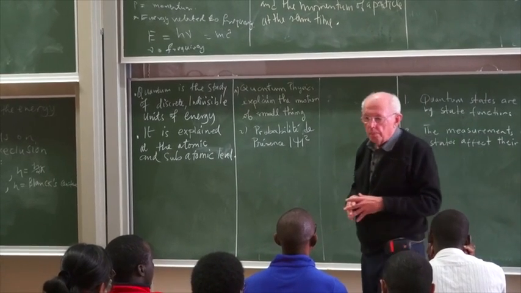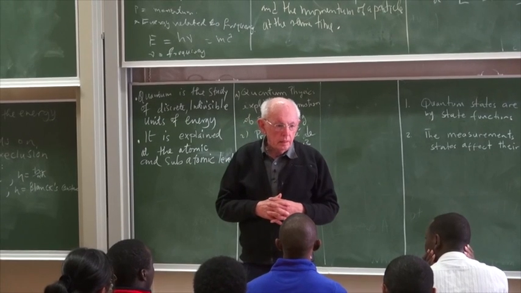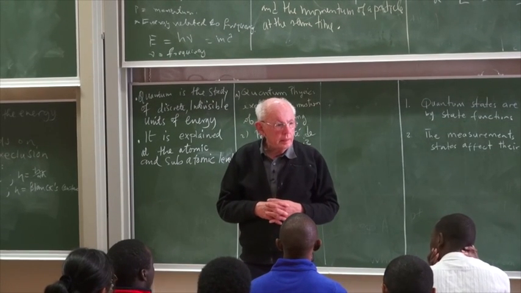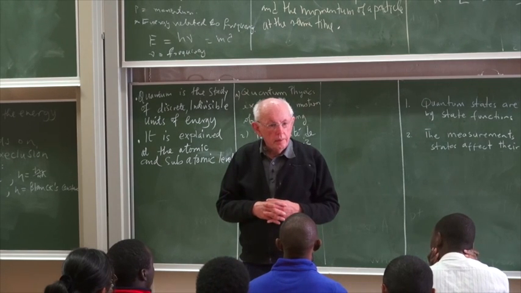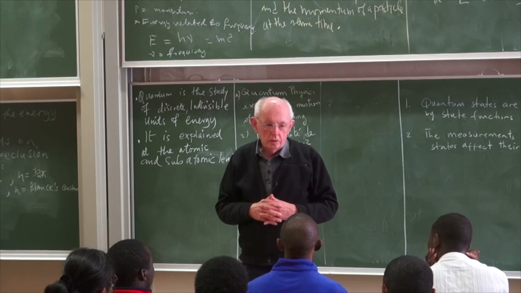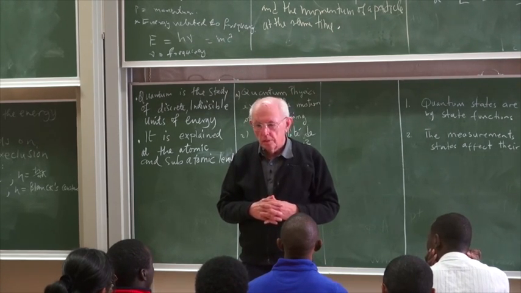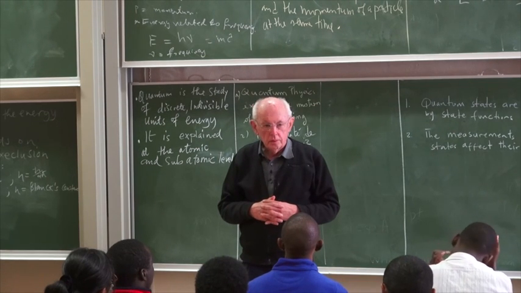And when Planck, as a young man at that stage, at the end of the 19th century, came to university, he was advised not to study physics, because basically everything is known in physics.